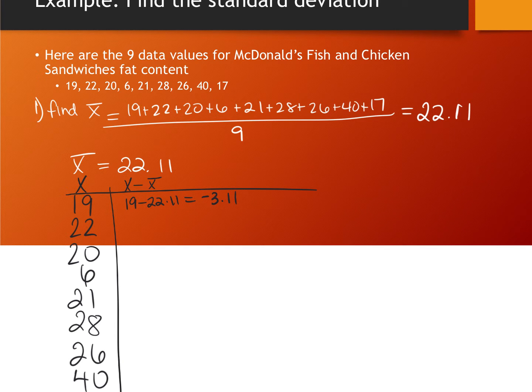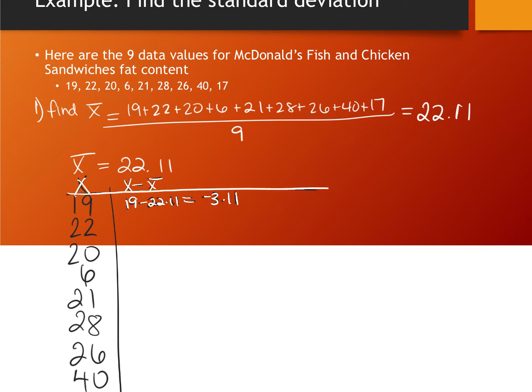That's really hard to see in the black, isn't it? Then my next value is 22, so 22 minus 22.11 is negative 0.11.